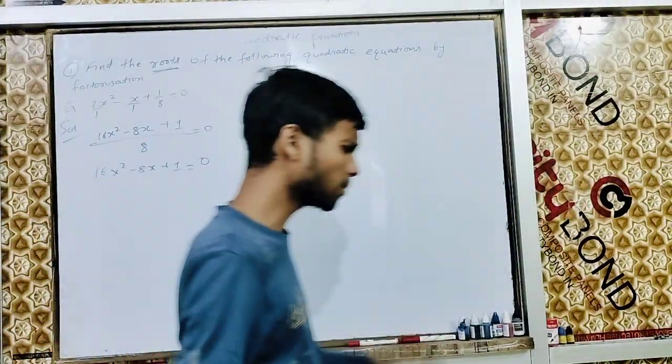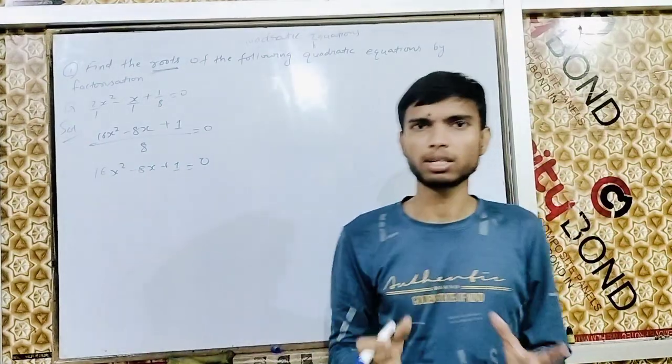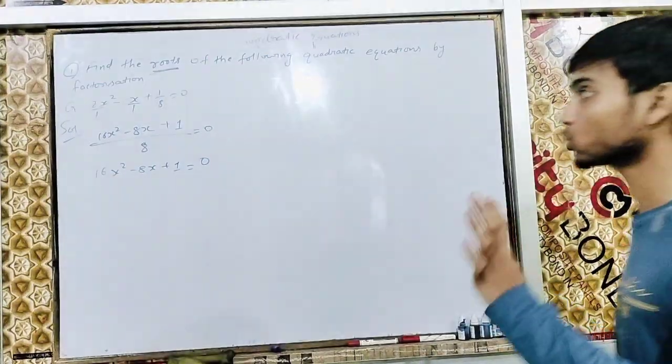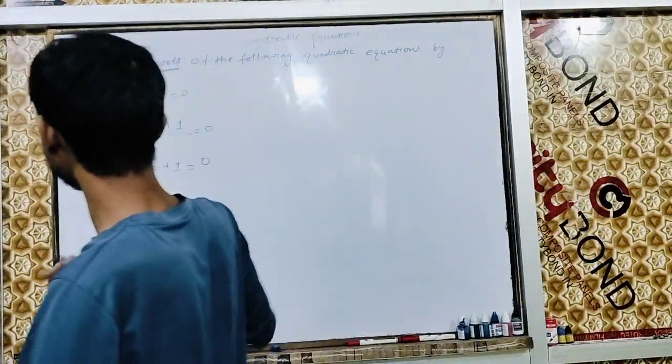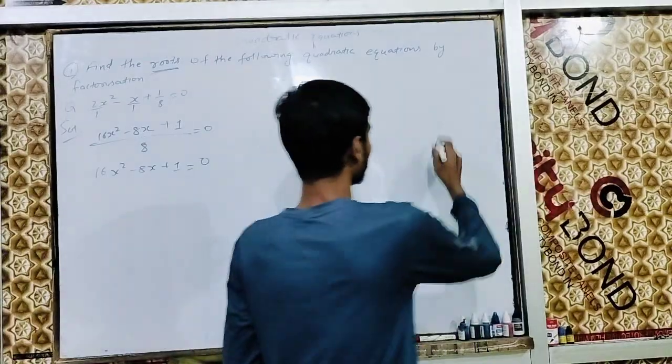Now we have a simple quadratic equation. This was looking difficult, but now we have converted this into a simple quadratic equation so that we can bring our answer easily.